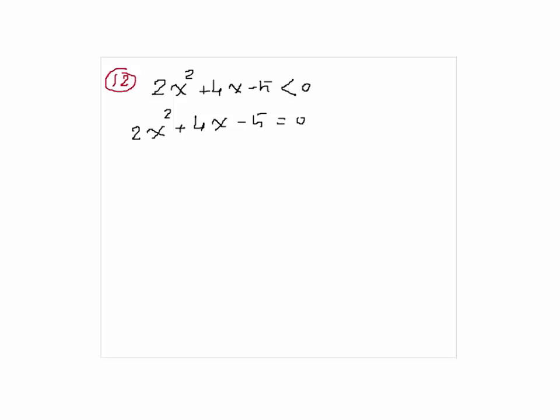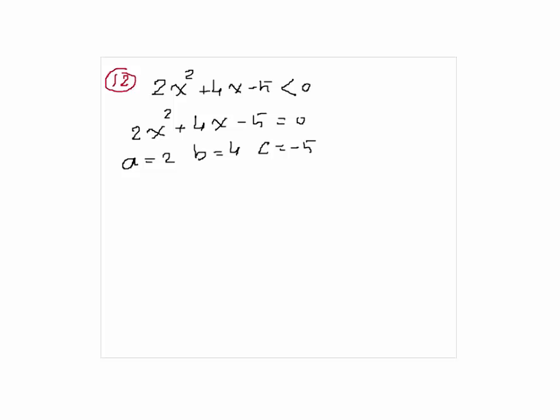Solving it, I don't know if you can factor it or not, but because it doesn't look like it has a factor, I'm going to find it by using the quadratic formula. Or you may find a factor, I don't know yet. The quadratic formula needs A, which is 2 here, B, which is 4, and C, which is negative 5.